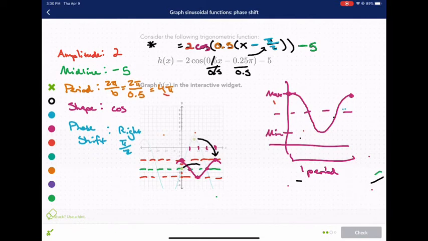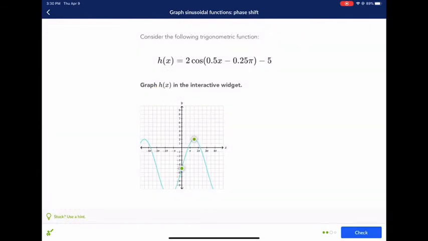All right, so I'm going to drag these points so that they kind of match this graph. I got one point at 4 pi, -3, and another at 3 pi, -5. So let's move these 2 points. 4 pi, -3, 3 pi, -5.